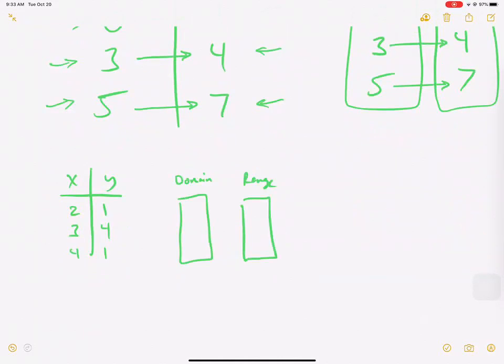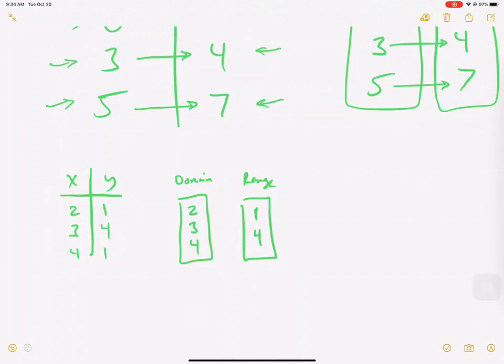We see the numbers 2, what else? 3, and 4. These are my possible values for x. Now, look at the y values. We actually have repeating values, don't we? I see the 1 happen twice. The range is only 1 and 4 because the 1 repeats itself, so we don't have to write a 1 again.